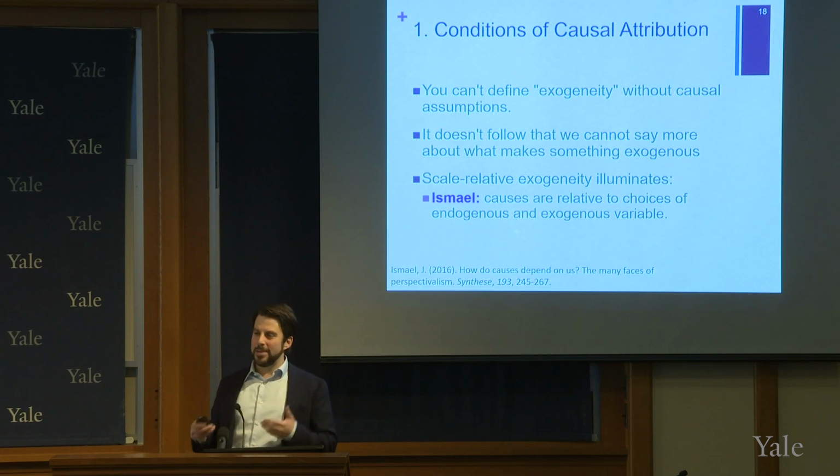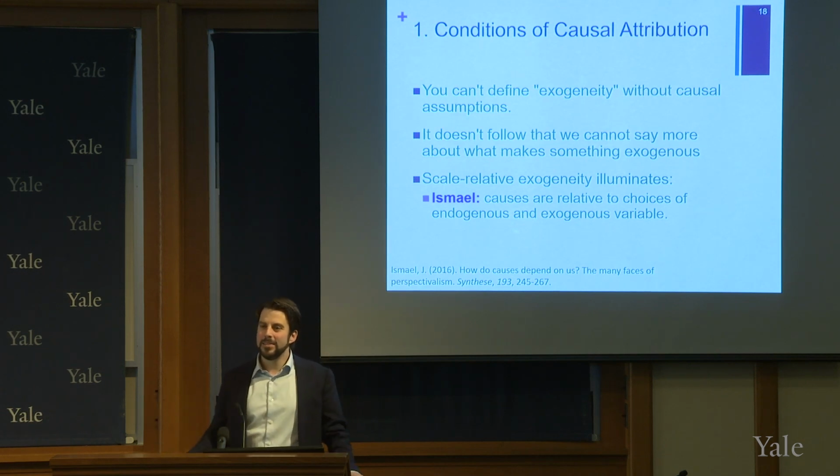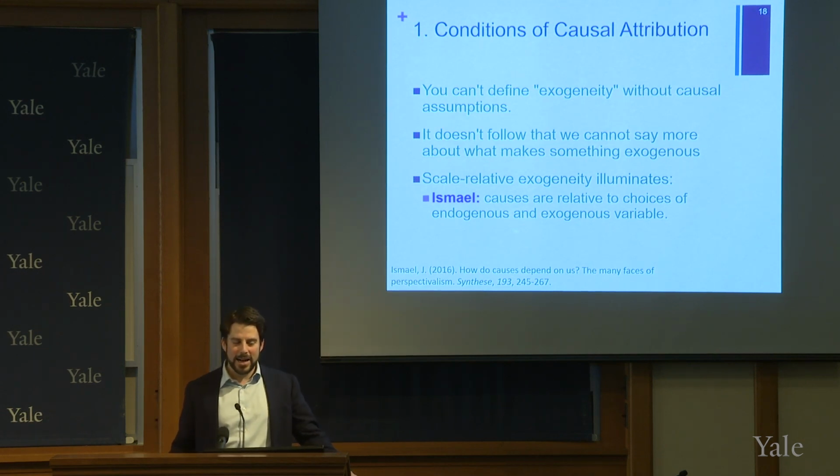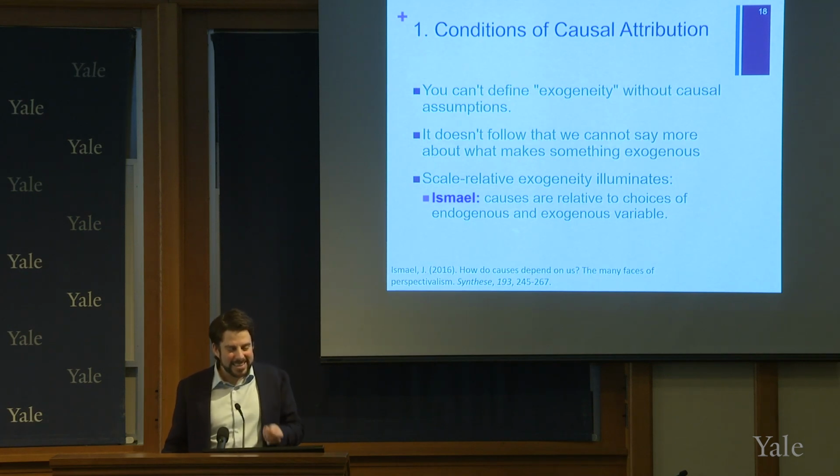And she has her own story about how this choice does depend on features of agency. I'm not going to risk saying anything too ambitious in this short talk, but I'm just making the claim that having a general theory, a theory of the type I'm providing, of what it is in the world that allows you to think systematically about exogeneity will also allow us to continue that discussion.